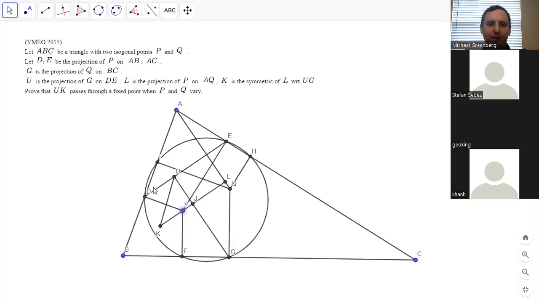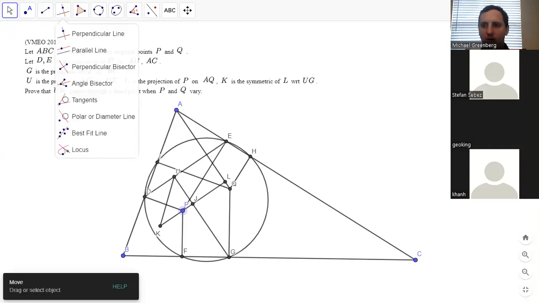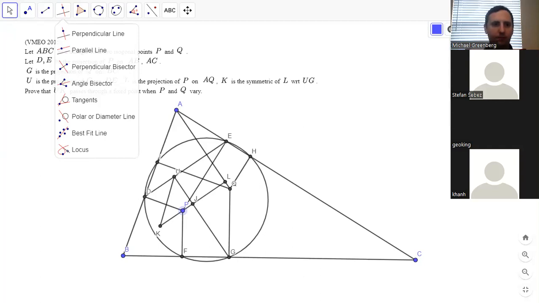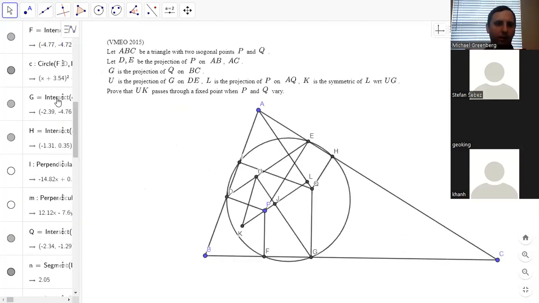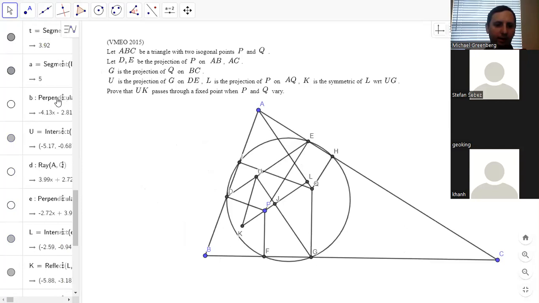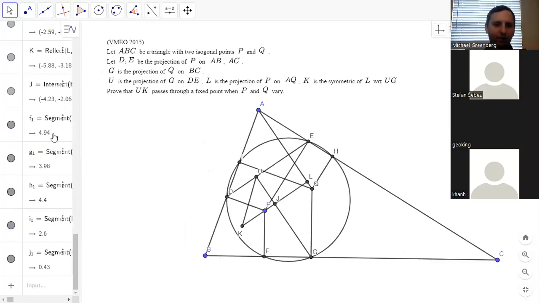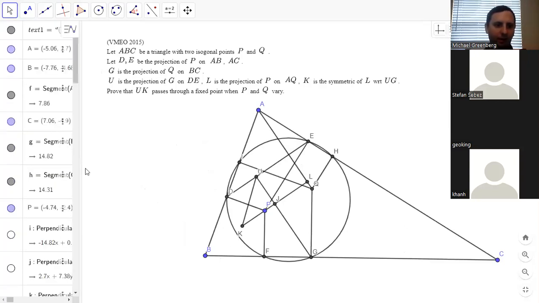We could let P be the circumcenter, is what you're saying. Yeah, that's normally how I do it with paper and pen. Like let it be a special point, and we can guess the fixed point. It's like you're saying we could say let P be the orthocenter, like using this. Yeah.